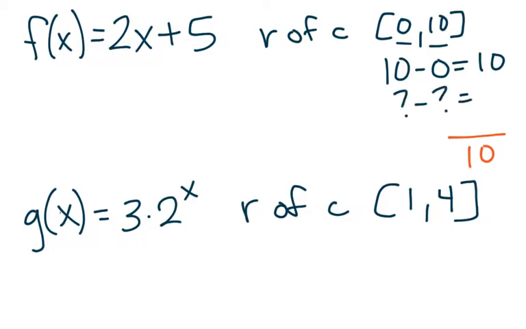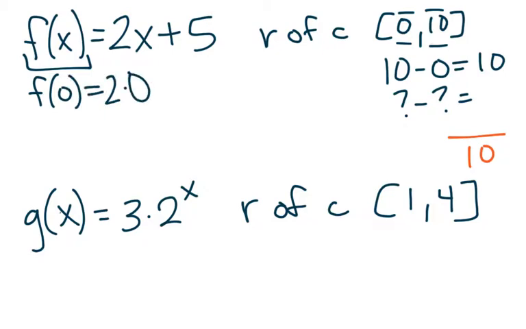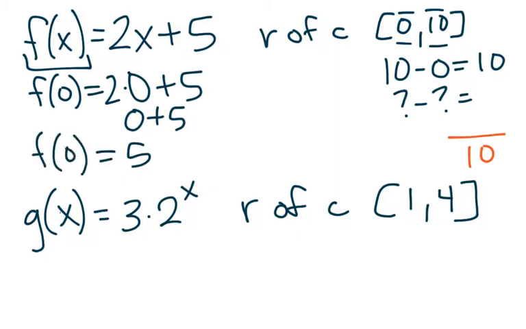To find that, I need to know what the outputs are, given these inputs. So I evaluate. Okay, so for f of 0, I get 2 times 0 plus 5. 2 times 0 is 0, plus 5 is 5. So f of 0 equals 5.